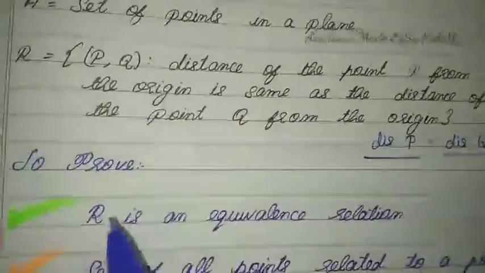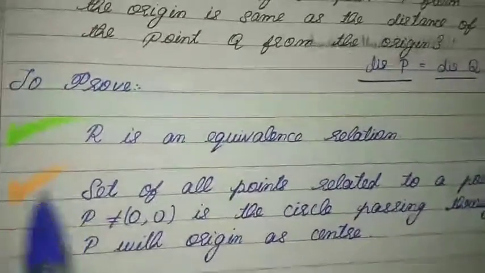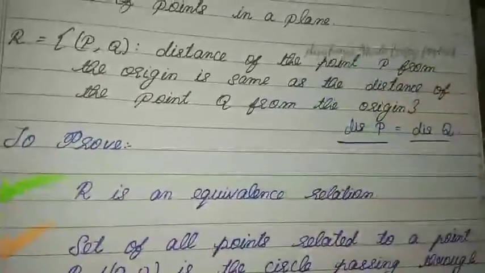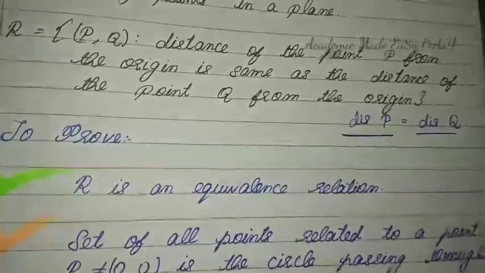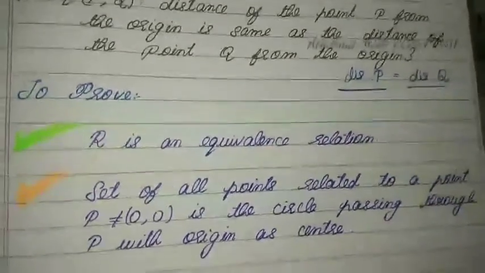So that is the first part, to prove it is an equivalence relation, and next we have to prove that this forms a circle. If we take the set of all points in the plane, it forms a circle keeping the origin as center. That's it, we have to prove.